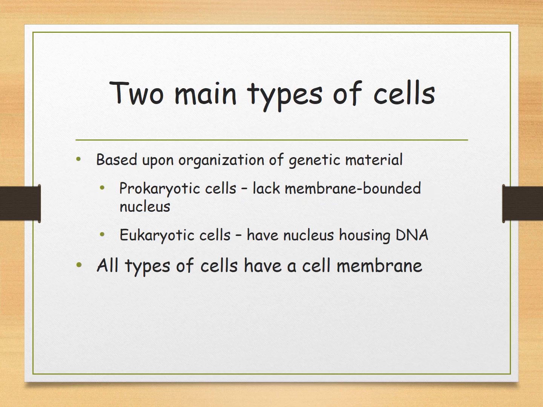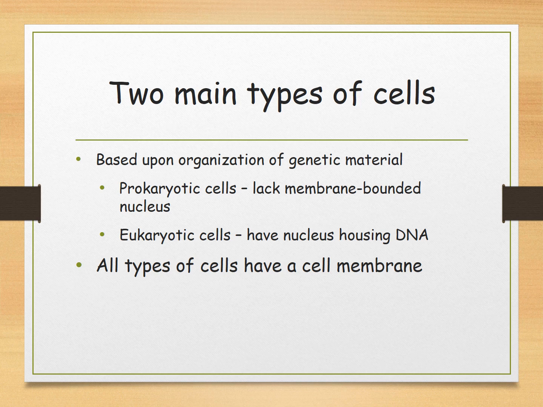We also covered this in Unit 1: the properties of two different types of cells, prokaryotic versus eukaryotic. And this differentiation is based on the organization of the genetic material and whether the cells have membrane-bound organelles. Organelles are special types of structures that have a specific function.